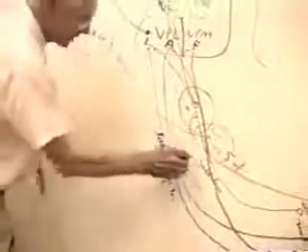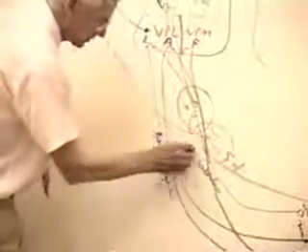And containing not only collicular tectogeniculate fibers, but also fibers from the nuclei of the lateral lemniscus, the rostral one and the caudal one, which are going to give collaterals into the inferior colliculus, called the lateral lemniscus.